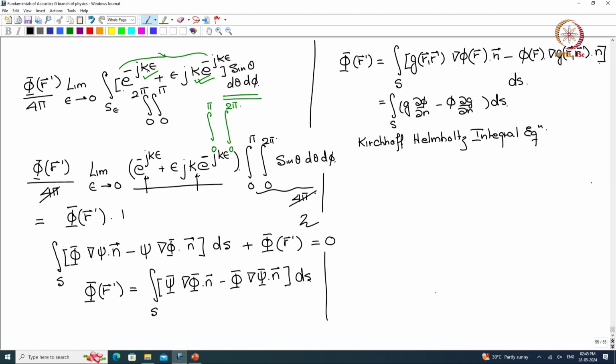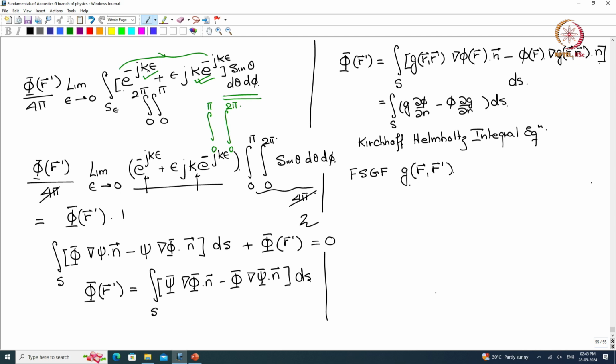So what does it say? What it says is that if I know, let's say, the free space green function, which is g, and is a function of two locations, r and r dash.